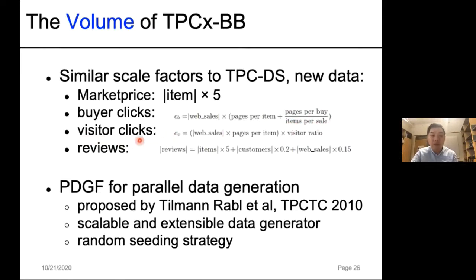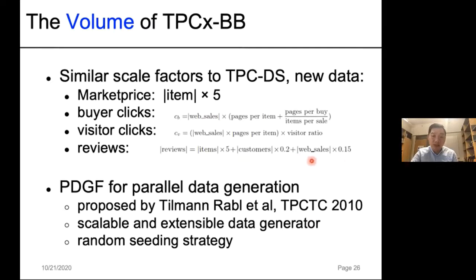For the visitor clicks, it's based on the web sales, pages per item, and the visitor ratio. It assumes that 80% of surfers are visitors. And for the reviews, a similar approach is chosen.